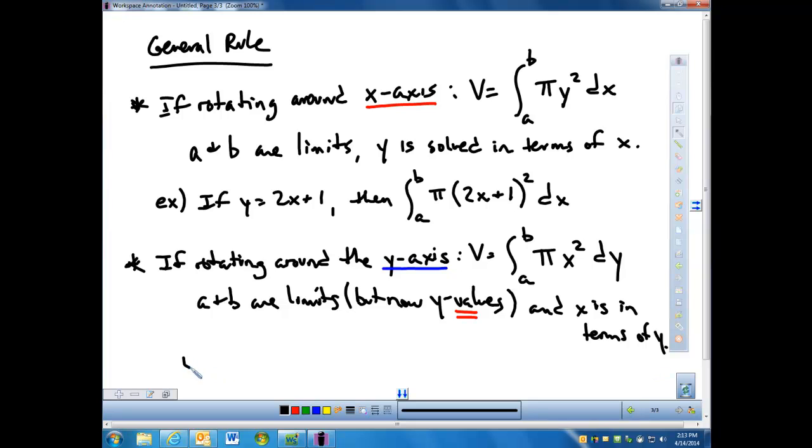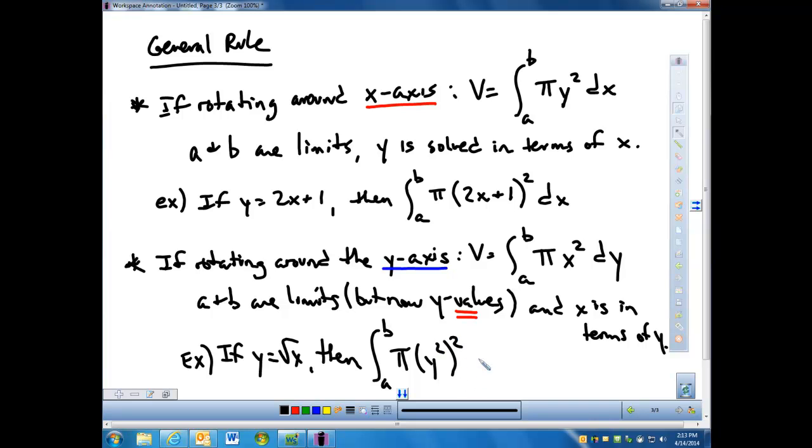An example of this would be if y equals the square root of x, then our integral is going to be from a to b of pi times y squared dy. And I'm sure right now you're thinking, wow, how did he get that?